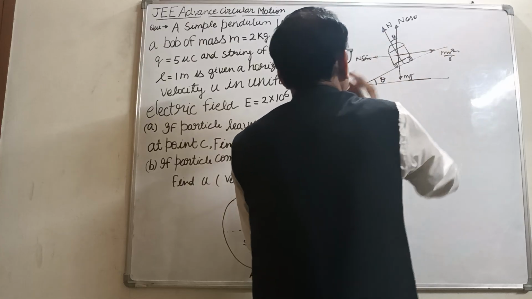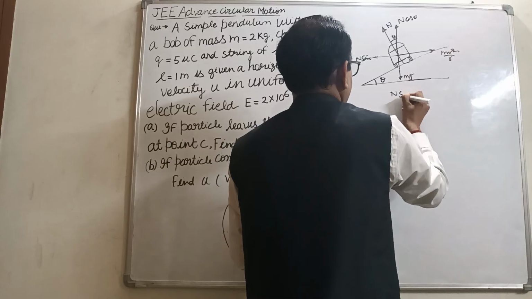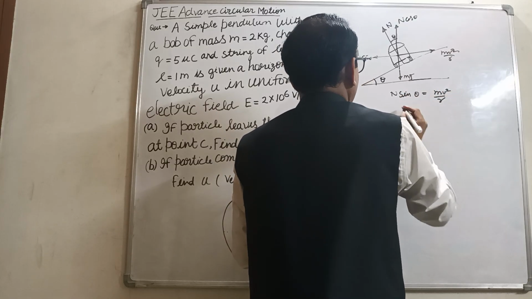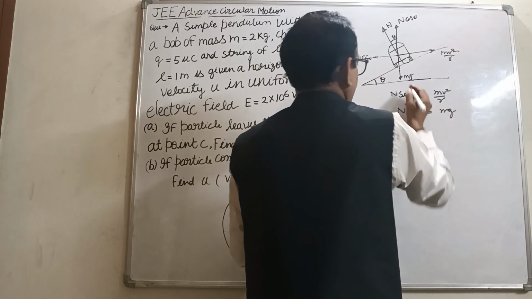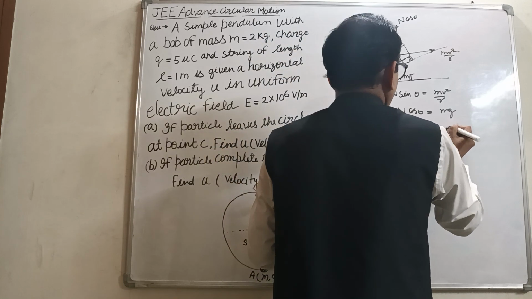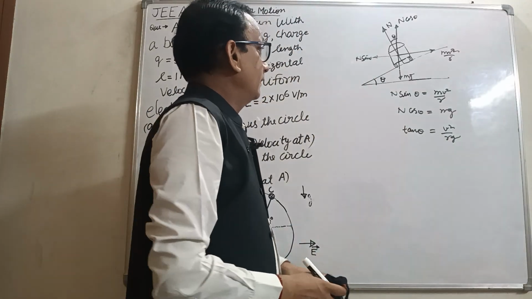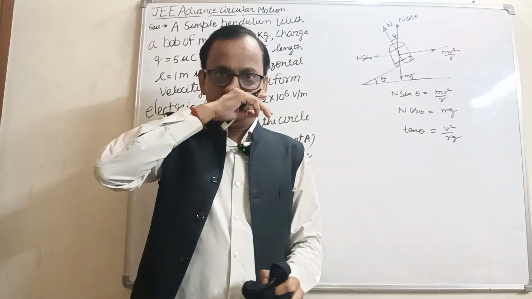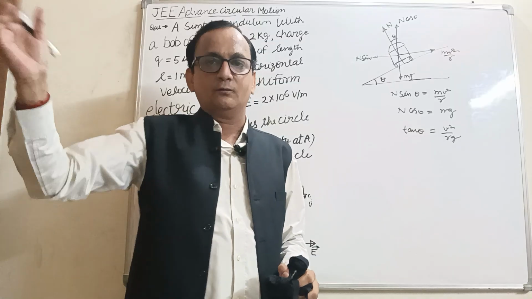If r is the radius of curvature, we write n sin theta equals mv square upon r, and n cos theta equals mg. On dividing, tan theta becomes v square upon rg. So on a banked road, if we drive the vehicle at more speed, the vehicle will skid outward.